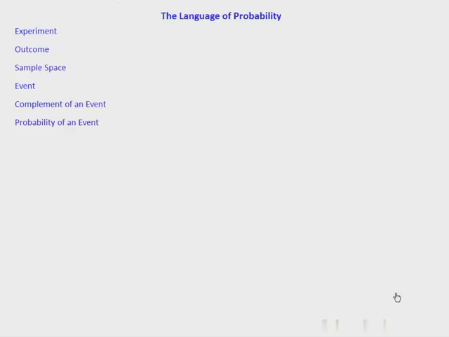And the total number of outcomes is represented by the sample space. So simply put, the probability of an event is the number of outcomes in that event divided by the total number of outcomes in the sample space. That was a mouthful. Let's look at some examples and consolidate this information.